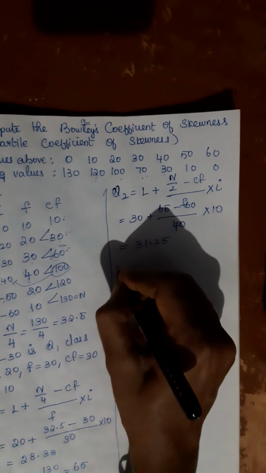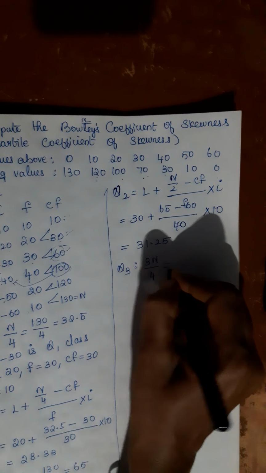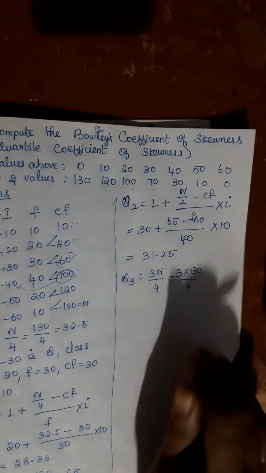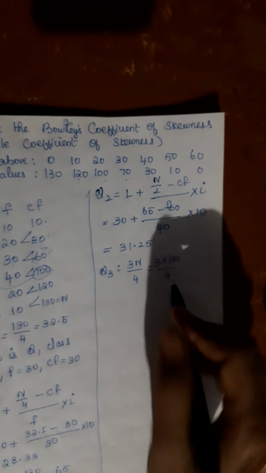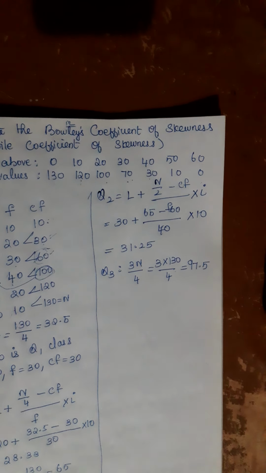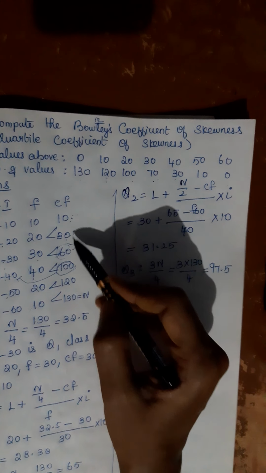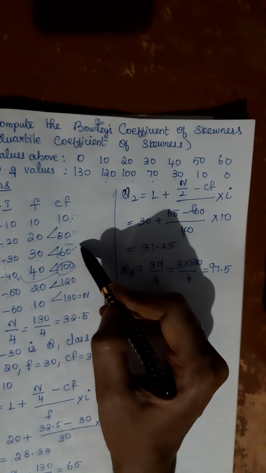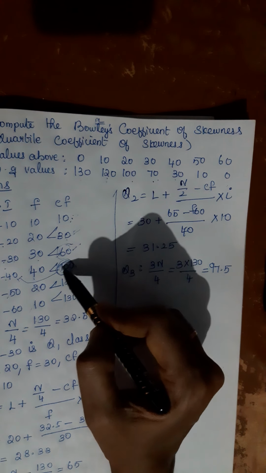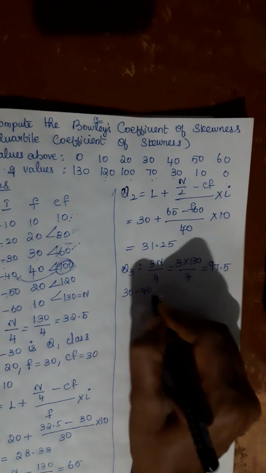Now let us go to Q3. Compute 3n by 4, that is 3 into 130 by 4. The answer is 97.5. In the CF column, leave all values which are less than 97.5. This value is just greater than 97.5. The corresponding class is the Q3 class.